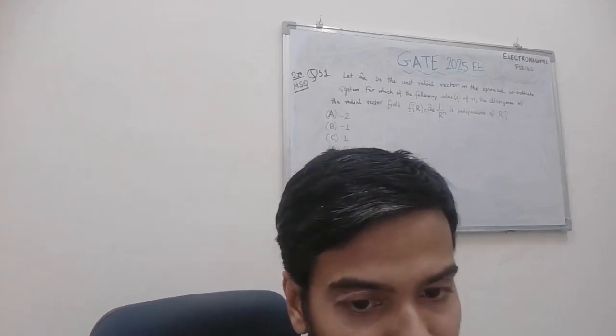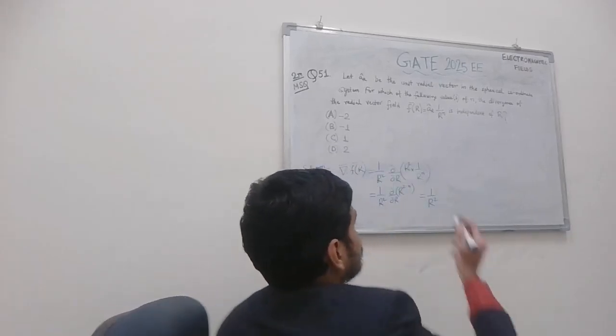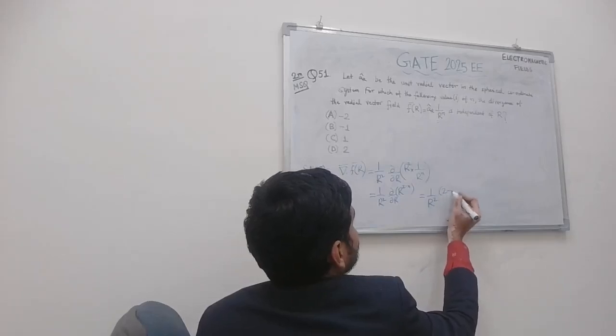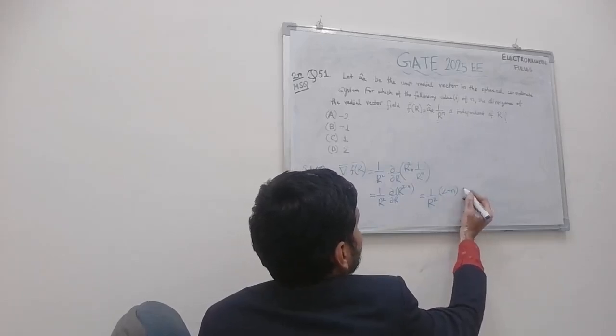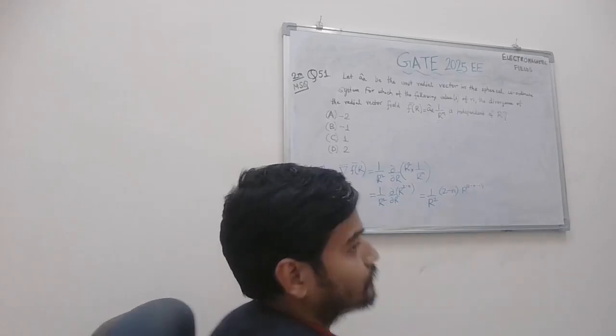You have to find the differentiation, basically the derivative. Minus n r to the power 2 minus n minus 1, right?